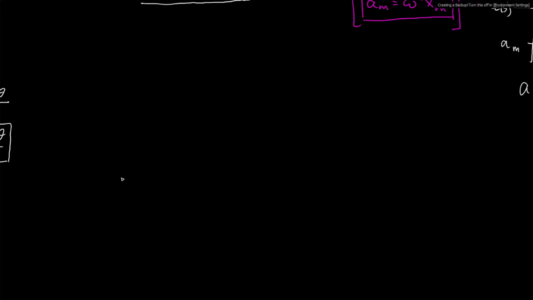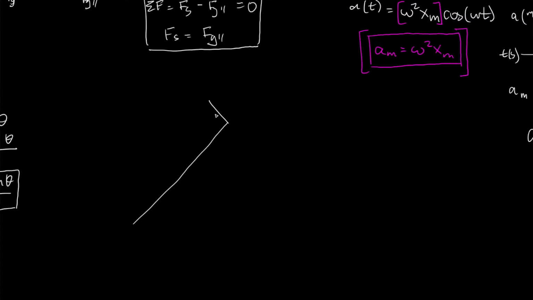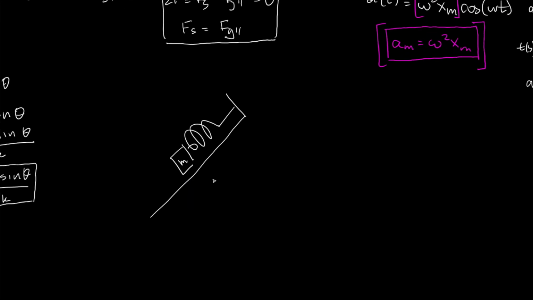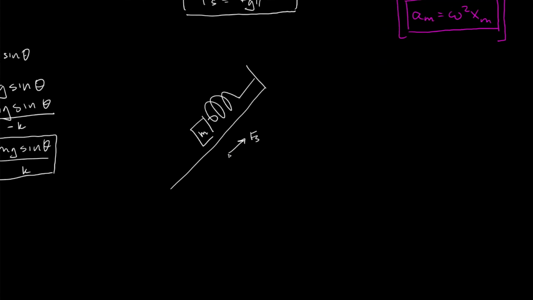Let's examine a few scenarios. First, we have the equilibrium position with the box. We have two forces. We have spring force going up, Fg parallel going down.